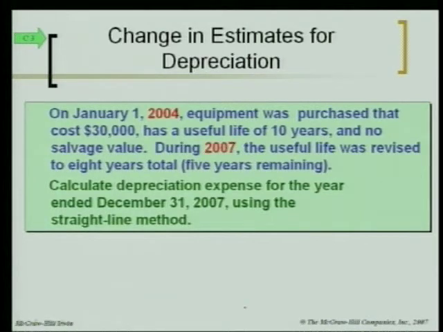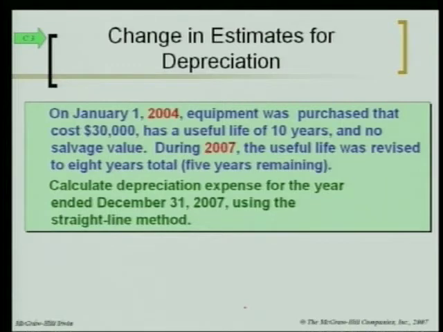On January 1 of 2004, equipment was purchased that cost $30,000, has a useful life of 10 years, and 0 salvage value. During 2007, the useful life was revised to 8 years total. Now, that means that there's 5 years remaining because we've depreciated 3 years.